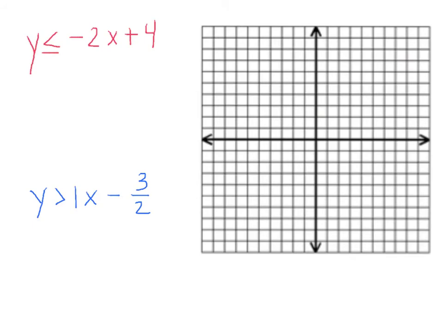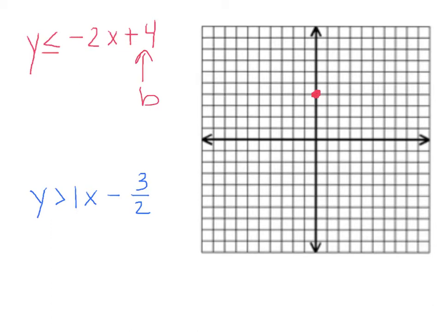I made the graph a little bigger and wrote down our inequalities in slope-intercept form. We'll graph the red one first, y is less than or equal to negative 2x plus 4. We always start with the y-intercept. Here we see plus 4, that is b, so we go up 4 on the y-axis and place a point.